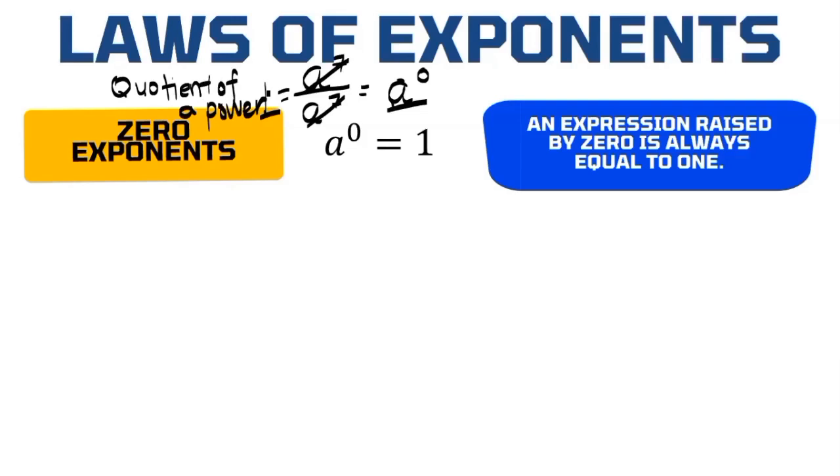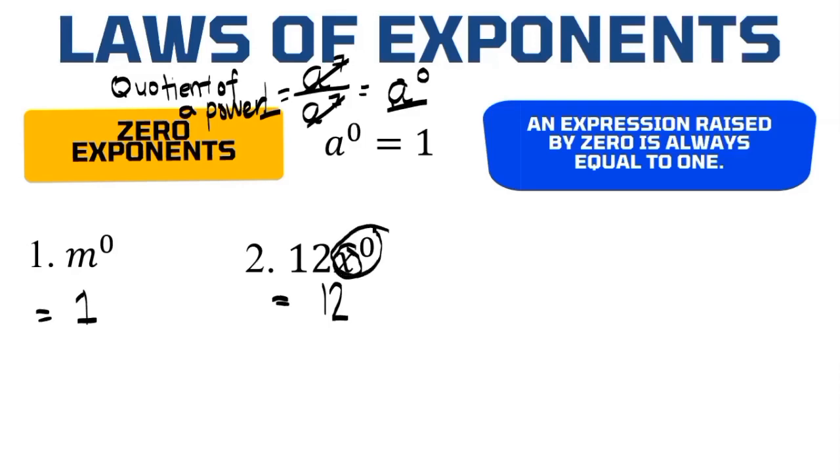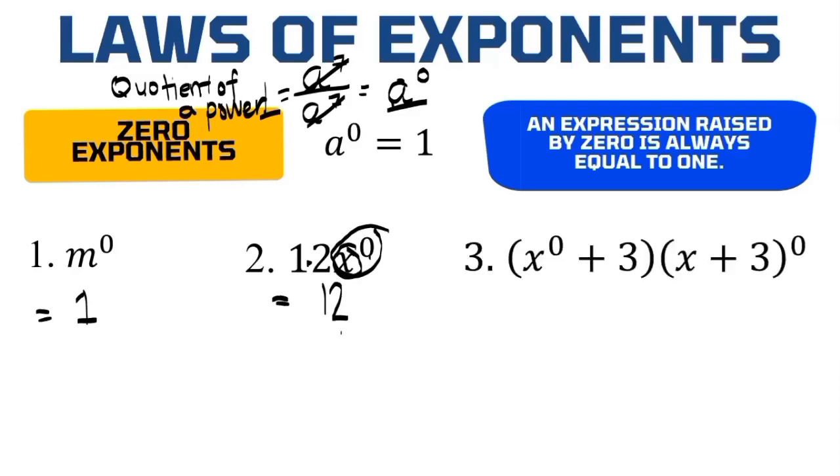Next. Let's have m raised by 0 and the answer here is 1. 12x raised by 0, the answer here is 12. Why? The only base that is raised by 0 is just x. So this part here becomes 1, then 12 times 1 becomes 12. And we have here this.